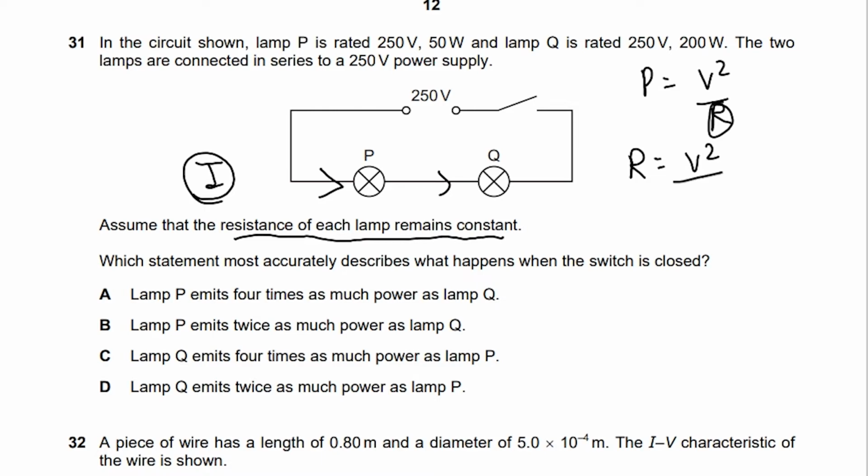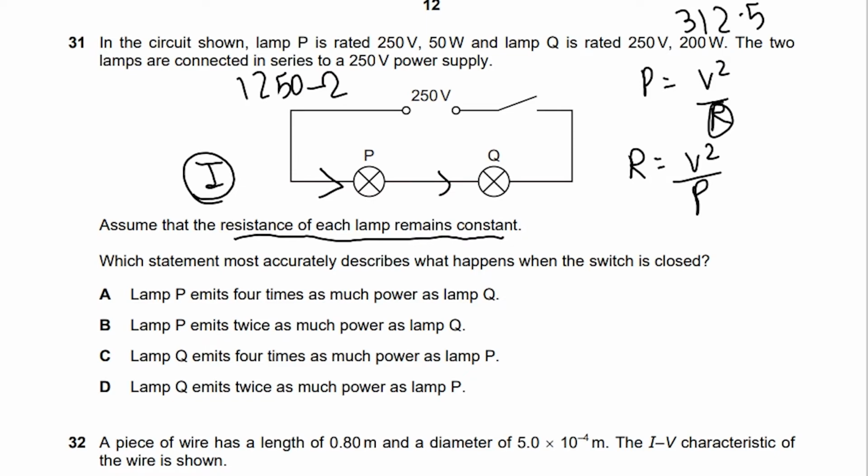Let's solve for R. Okay, so for lamp P, 250 squared divided by 50 watt. So the resistance is 1250 ohm in lamp P, and for lamp Q, 250 squared divided by 200. So the resistance is 312.5 ohm.